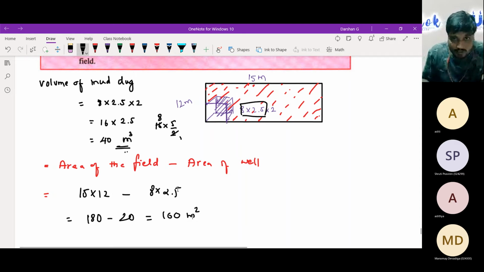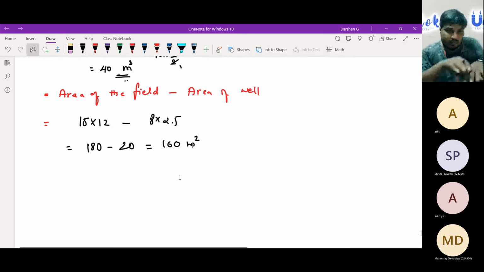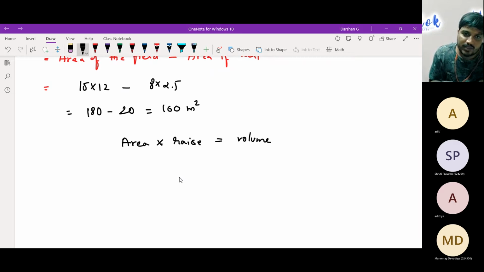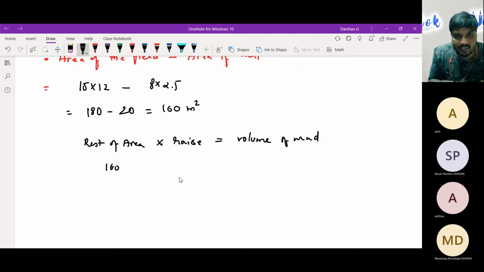Now we need to calculate that rise. They are putting this mud throughout the field, so we need to calculate that rise. So area into rise is equal to volume of mud. This is the formula. The area is the rest of the area, that means the field minus the well. That is the volume of mud. So this is 160 times the rise.